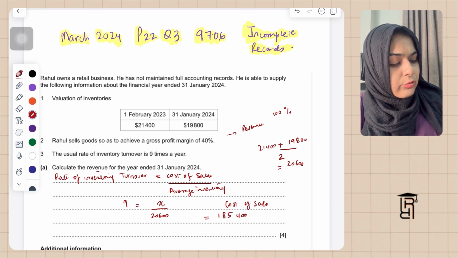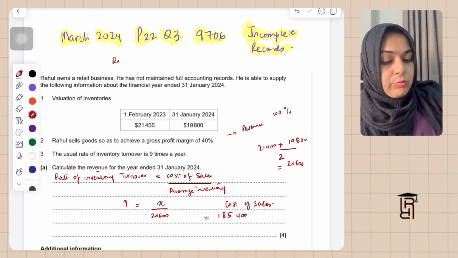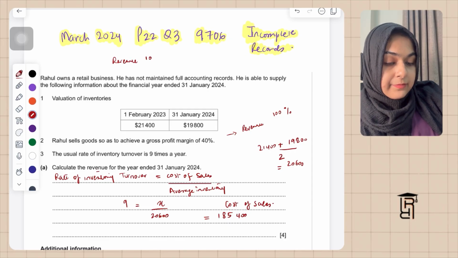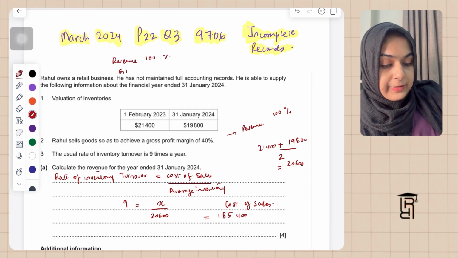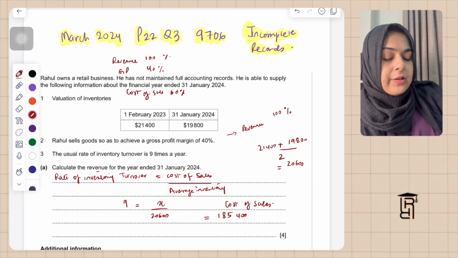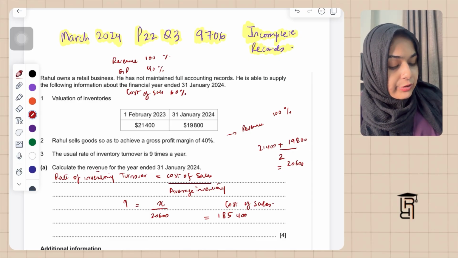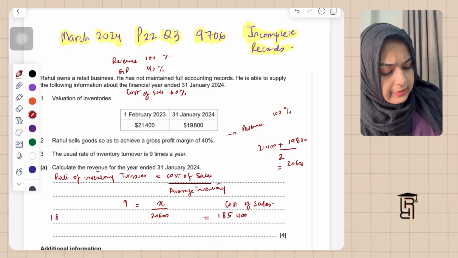Since I know revenue is 100% and gross profit is 40%, cost of sales is 60%. So I'm going to write here cost of sales is 60%, revenue is 100%, gross profit is 40%. So 185,400 is 60%.